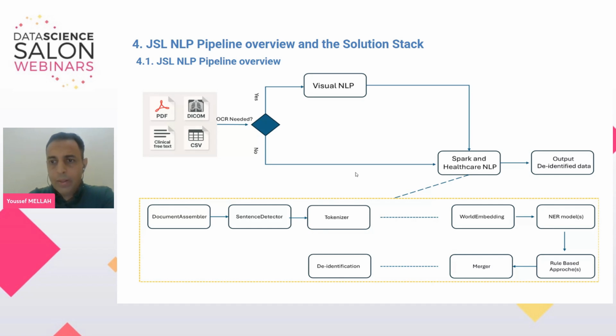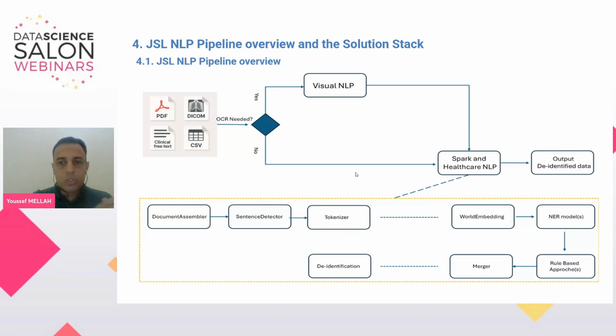And also, in the same pipeline, we can have one or multiple NER models to detect PHIs. We can also reinforce the same pipeline with rule-based approaches, like contextual parser rules based on prefix and suffix. Also, we can add some regex matchers and some contextual entity rulers in order to reinforce the detection of some of the PHIs.